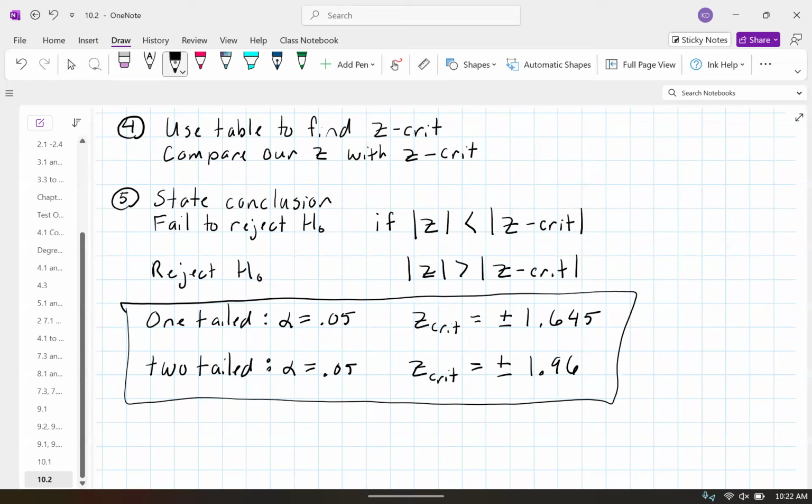In the classical approach, we don't actually have to look up our values in our Z chart. If we have our criticals, we just compare it and call it a day. In our p-value approach, we do have to look them up.